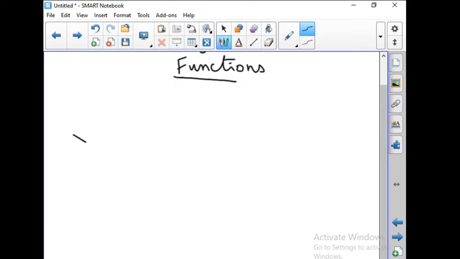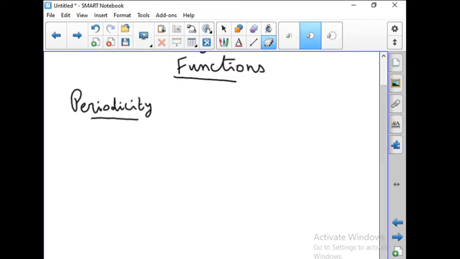So first we will see some fundamental concepts. First we will learn periodicity. What is meant by periodicity? Take a real valued function f.